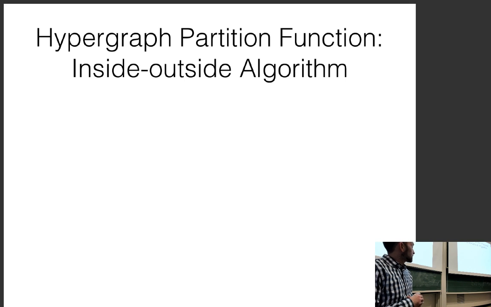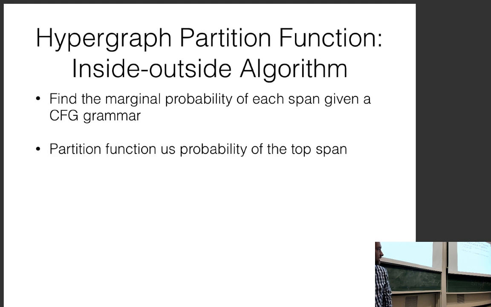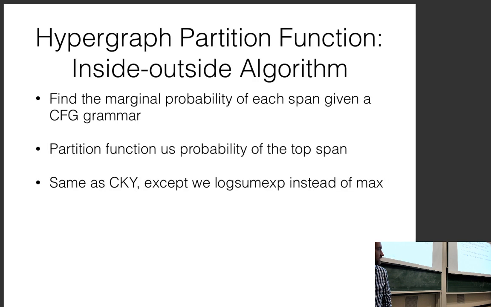You can also, over a hypergraph, calculate the partition function. In other words, you can calculate the overall probability of any trees that you can get. So you can find the marginal probability of each span, or given a CFG grammar, where the partition function is the probability of the top span.